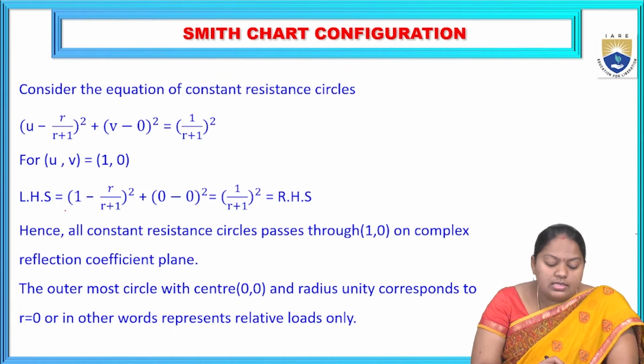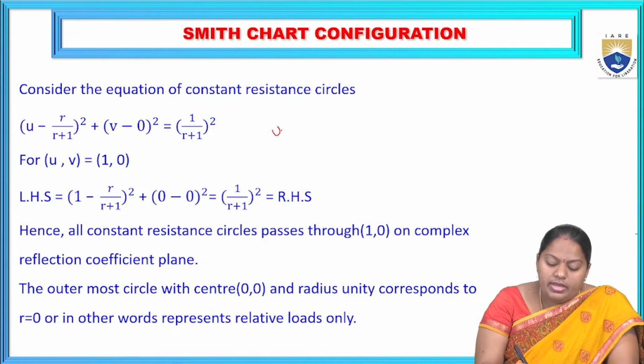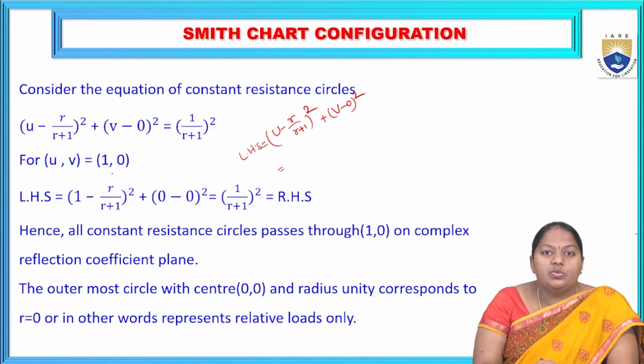So consider the LHS. LHS means (u minus r by r plus 1) whole square plus (v minus 0) whole square. Here the u, v values are to be considered as (1, 0).